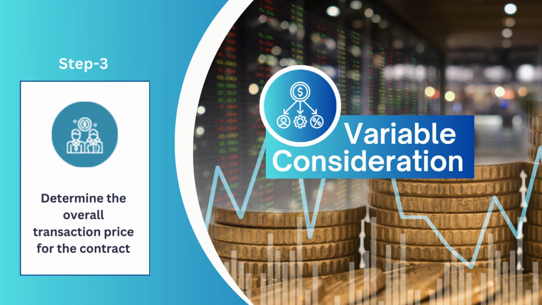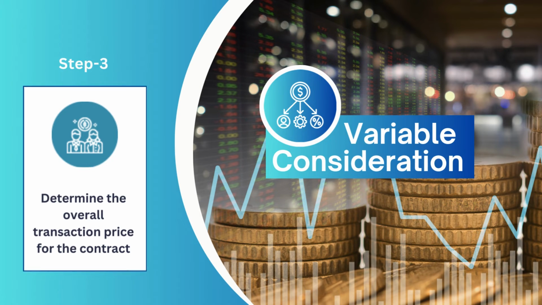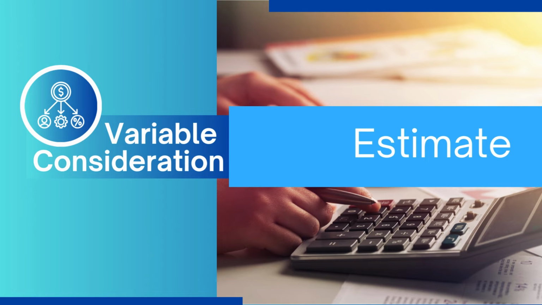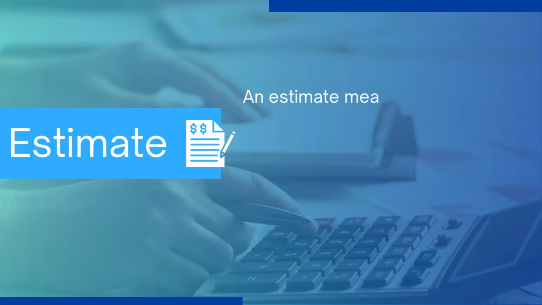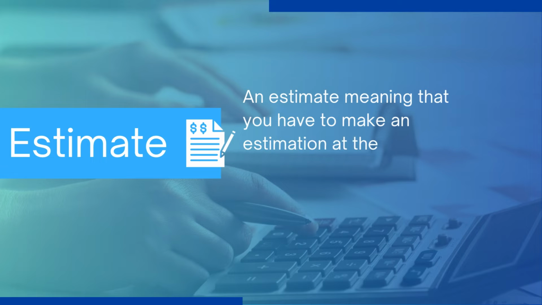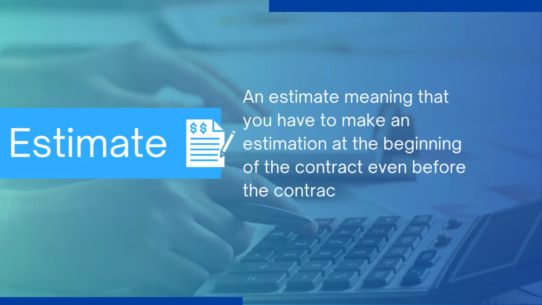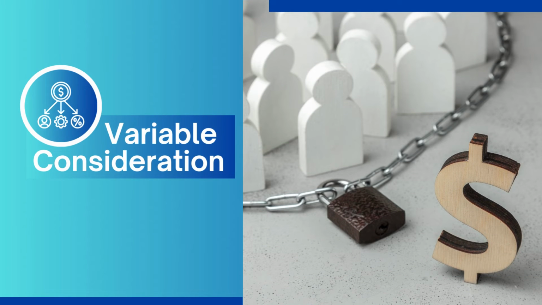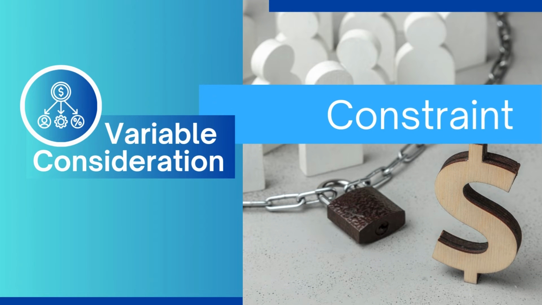So when we talk about variable consideration, we just mentioned that it's an estimate, meaning that you have to make an estimation at the beginning of the contract, even before the contract begins. There's also another concept within the variable consideration process, which is a constraint.